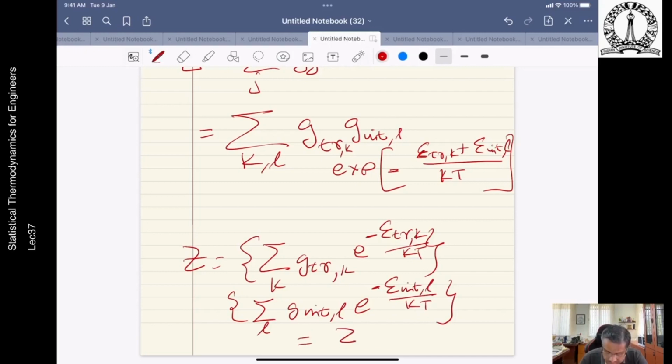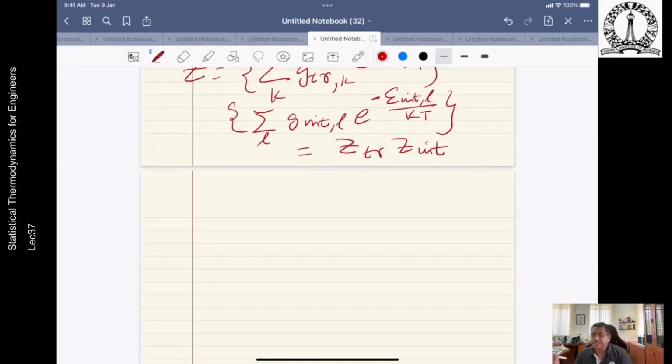So this is equal to Z translation times Z internal. You can see the partition function can be separated into two.